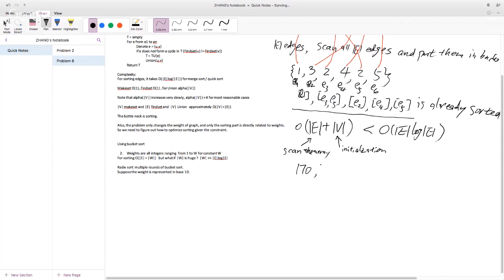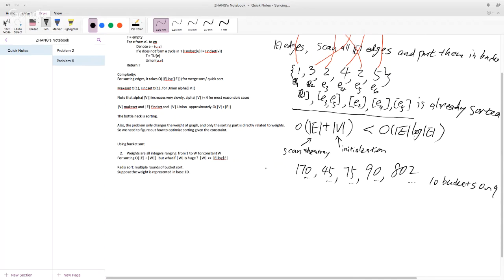That's an array: 45, 75, 90, and 82. So for the first round, we always create 10 buckets, because it is base 10. We have 10 buckets, that is 0 to 9, and we only consider the last digit of each number.